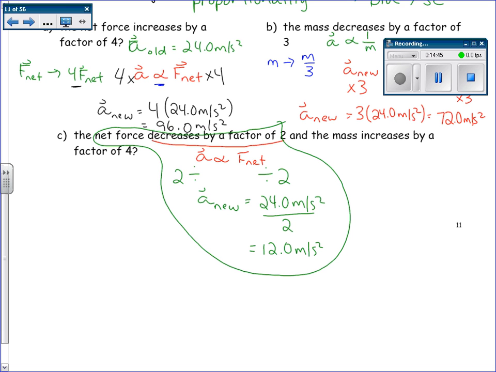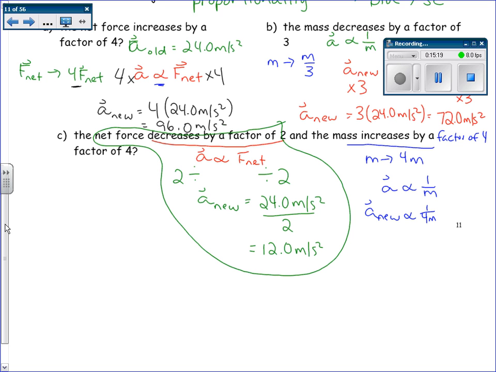The other change I'm going to make now is that the mass increases by a factor of 4. So mass is going to become 4 times mass. And remember, acceleration is inversely proportional to mass. So on the right-hand side, mass is becoming 4 times as big, but then what has to happen is that the acceleration has to be divided by 4.